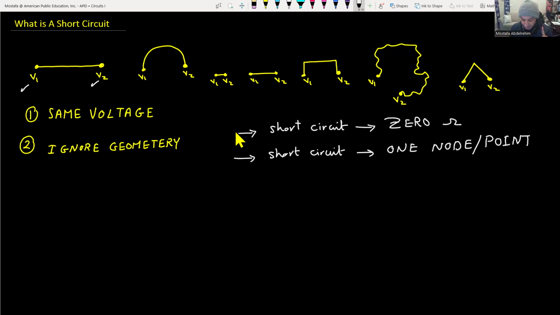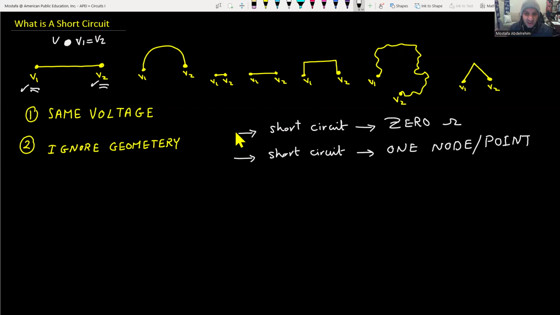V1 and V2 here are part of a wire. A wire in an electric circuit on paper is zero resistance. So that's actually one node, and all of this can be reduced to one node. You can call it whatever, V1, V2, whatever you want. It is just one voltage.